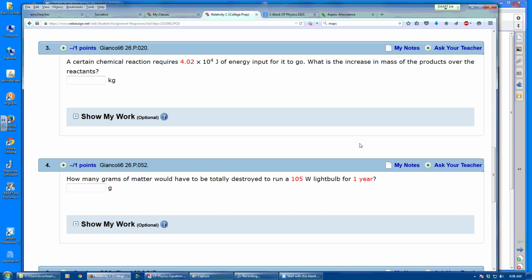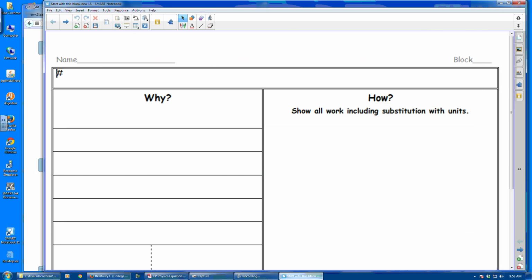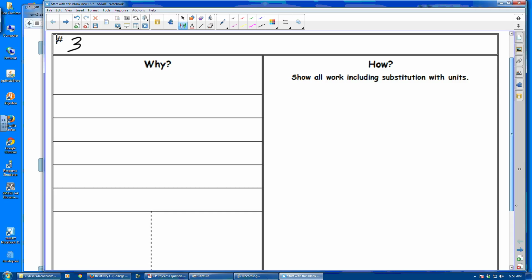Okay, a chemical reaction requires this much energy input for it to go. What is the increase in mass of the products over the reactants? So, what, number 3? For your why, probably your biggest understanding you should have had in there was that matter and energy are the same stuff.